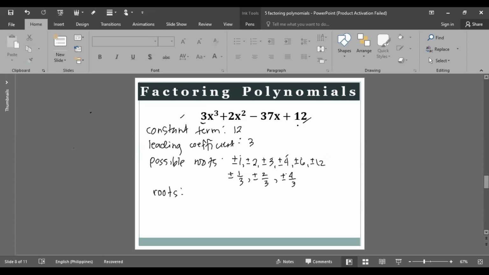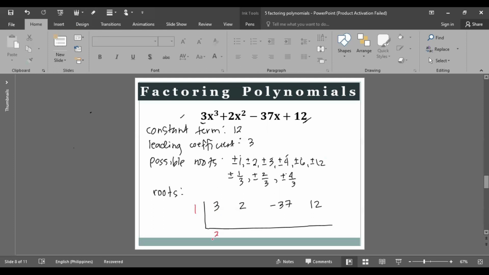So, kompleto naman yung terms ng polynomial expression. So, we have 3, 2, negative 37, and 12. So, isa-isahin natin to, class. Yun lang yung medyo hassle na part dito. Yung paghanap ng roots. Considering the number of possible roots. May karamihan din to. Let's try 1.